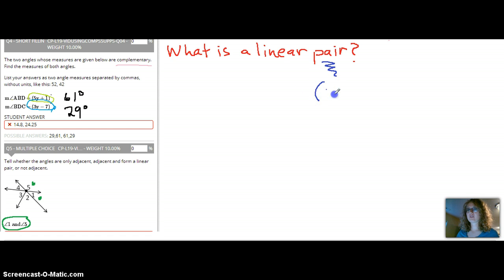A pair of shoes, you have two shoes in each pair, correct? So we're going to have two angles, which is what we have already. And then we have this word linear. So what word do we see in linear? We see this word right here. We see line. So a linear pair just means two angles that form a line together.